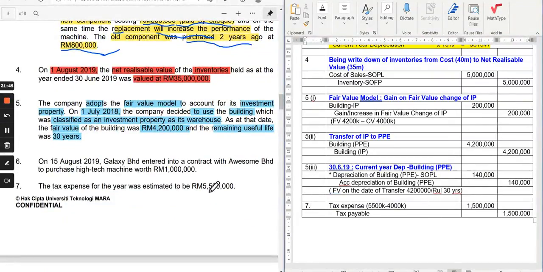You need to increase by an additional 1.5, because earlier there was already tax that you have paid, 4 million, and the difference between what you have been charged and what you have paid is an extra 1.5 million that you need to pay to the tax authority. So debit taxation, credit tax payable.